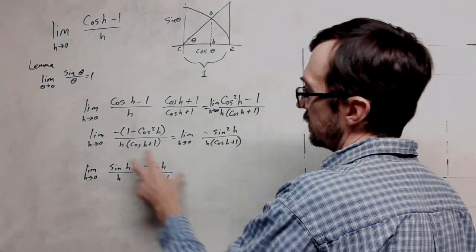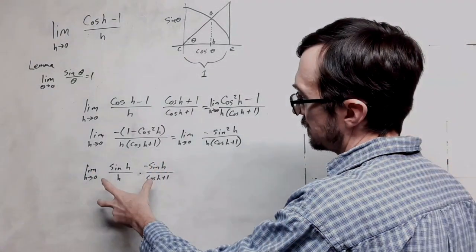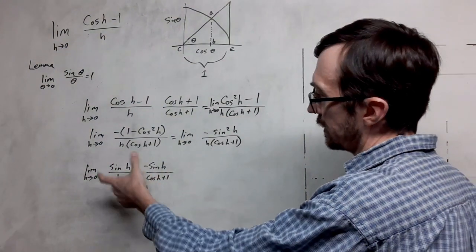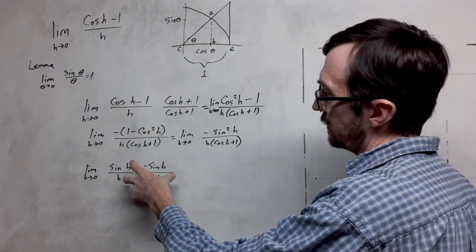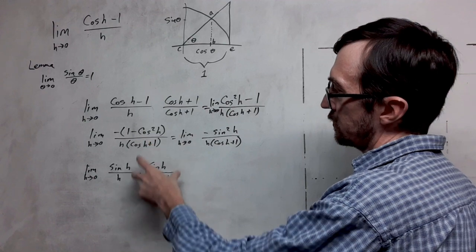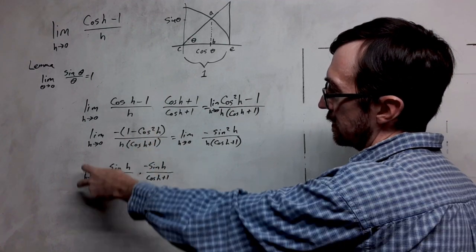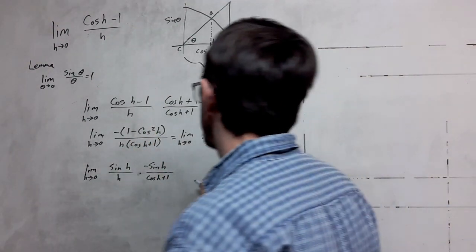Now we're going to take the limit of these independently. The product of limits is equal to the limit of the product.